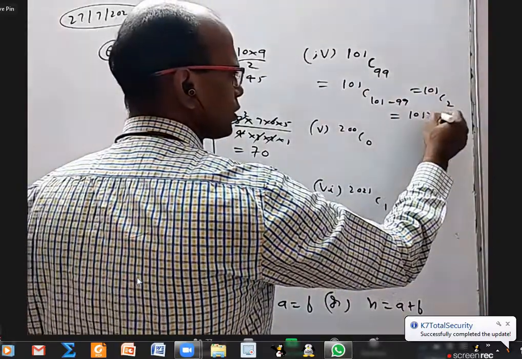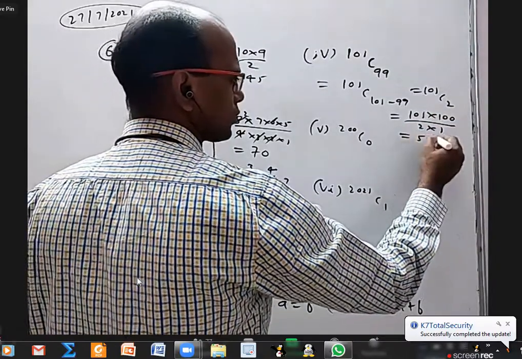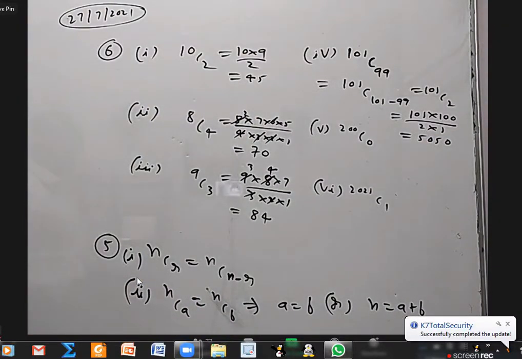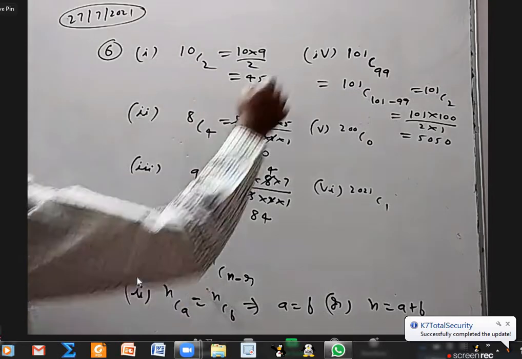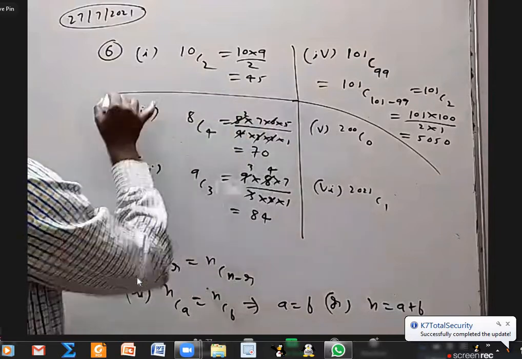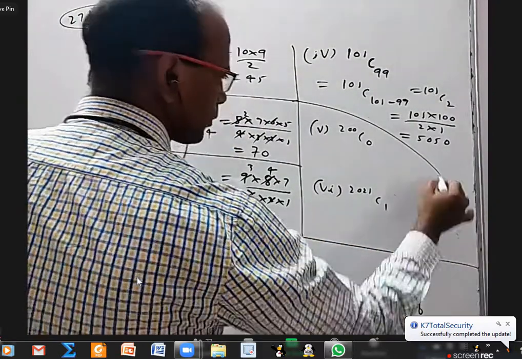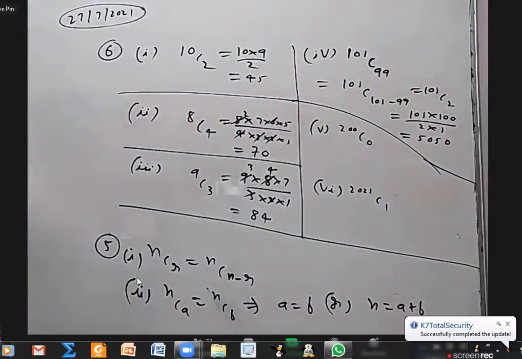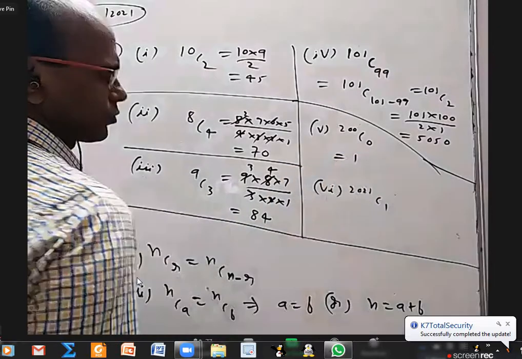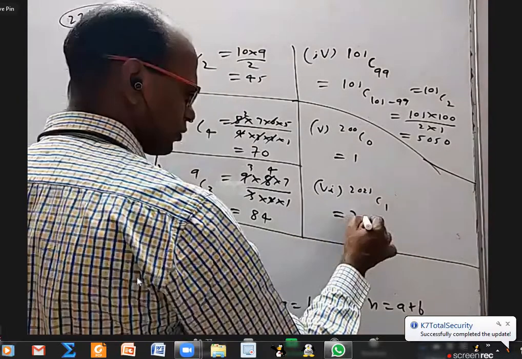That is 101 into 100 by 2 factorial, that is 5050. What is 200C0? 1. Any nC0 is 1. And 2021C1? 2021. nC1 is n.